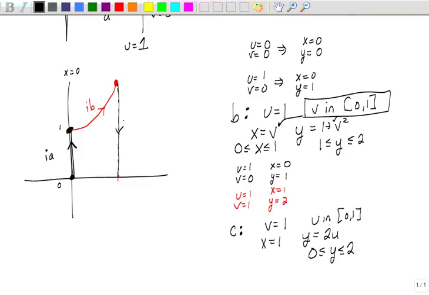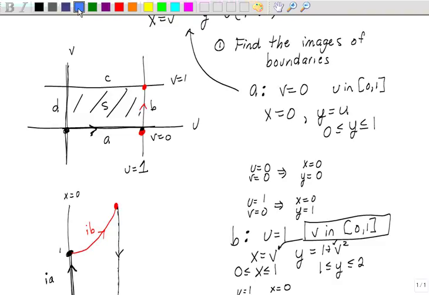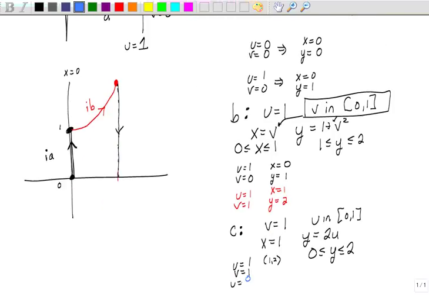And we're going this way because when u is 1 and v is 1, we get the point 1, 2, and then when u is 0 and v is 1, we go to the point 1, 0, which is right here. So we're traveling this way.